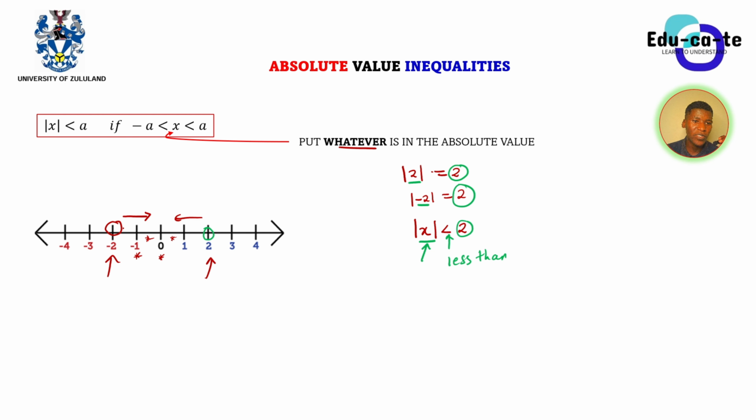I'll refer to them as x values. I need to take x values that are between negative 2 and positive 2.